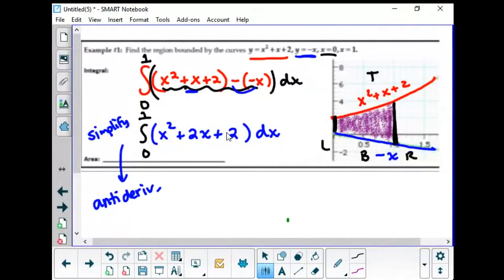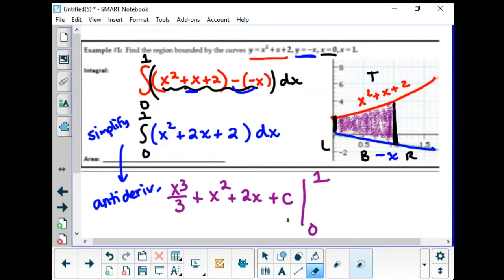Next step, I do my antiderivative. The antiderivative is going to be x cubed over 3 plus, hoping we're okay with this, the antiderivative of 2x is x squared, plus 2x plus c, evaluated from 0 to 1. My little notation convention is to keep track of these so you don't lose them. I'm going to take the antiderivative, but my answer is not the antiderivative.